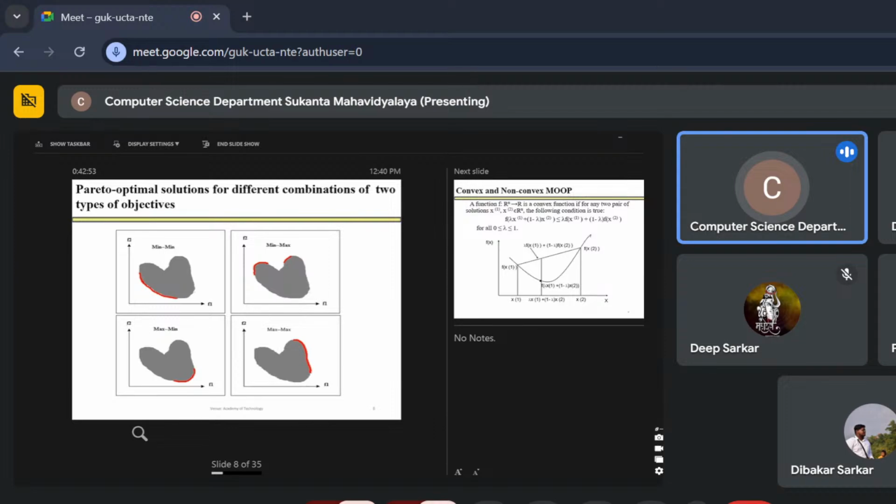Now, please note the red marked portion. I want to draw your kind attention to this, because this is an explanation which is very crucial. When it is a minimization problem, it means the well-cherished solution should be, along this F1 axis or horizontal axis, as close to the origin as possible. Similarly, along F2, it should be as close to the origin.